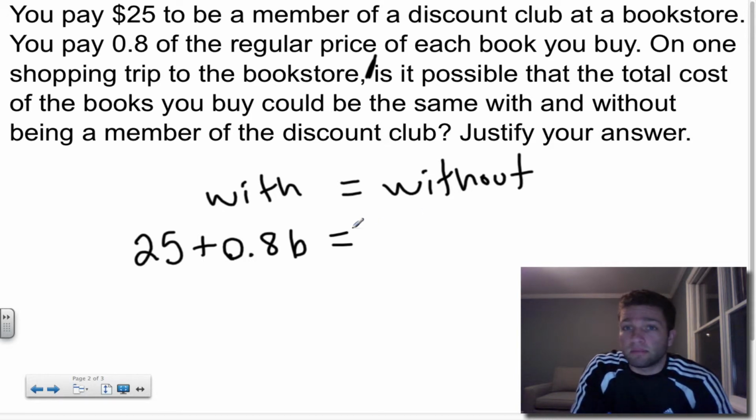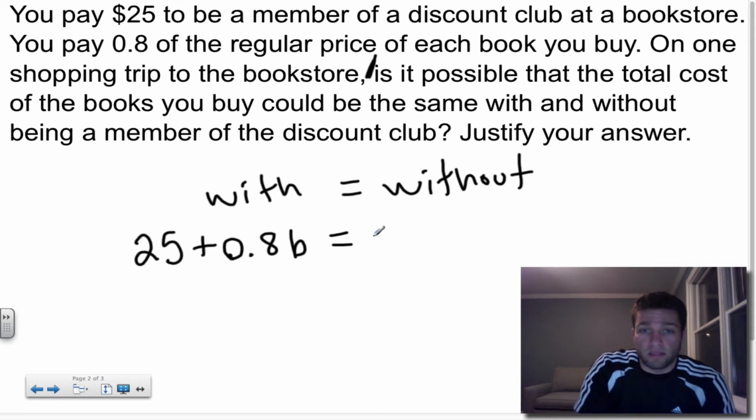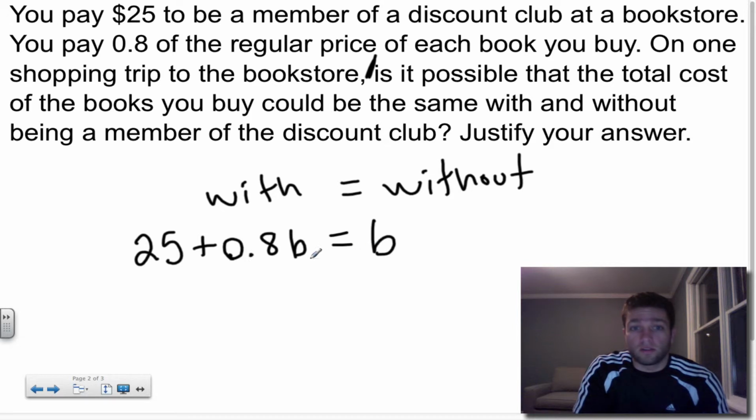And it doesn't say it, but you just need to think. It would be just B. You're just paying B, the price of a book. So we want to know, is there any possible way that this and this can be the same? Can they ever be equal?